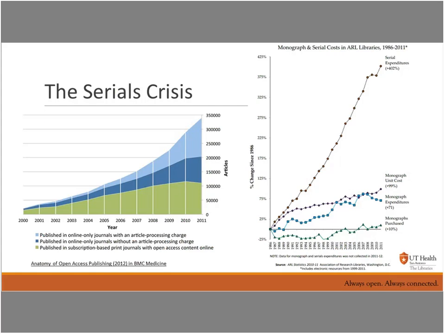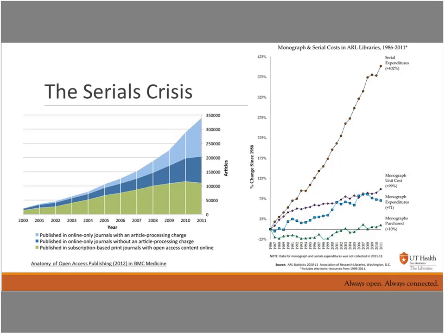So these are a couple of graphs that have quite a bit of information in them. What I want to point out to you is this graph on the left-hand side. It runs from 2000 to 2011, so it's a little bit behind the times, but this is the one that I had available. If you look at 2002, there were about 5,000 online-only journals with article processing charges.